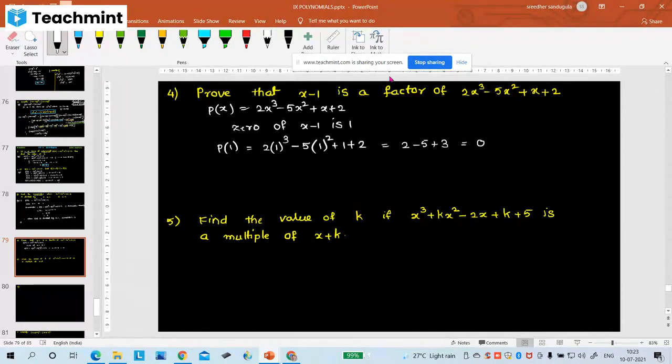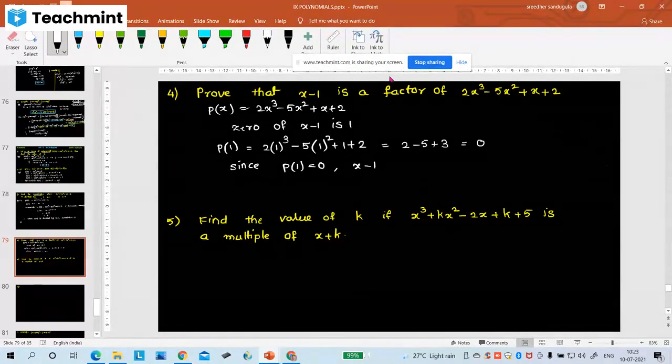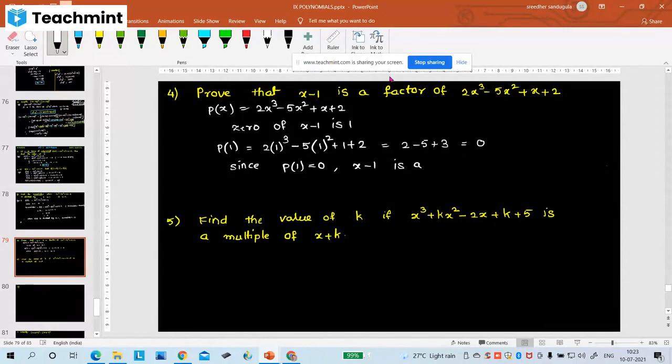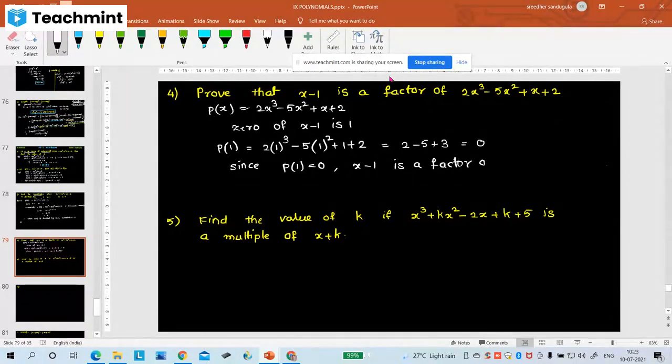Since P of 1 equals 0, we can say that x minus 1 is a factor of P of x, children. What is P of x? That is 2x cube minus 5x square plus x plus 2.